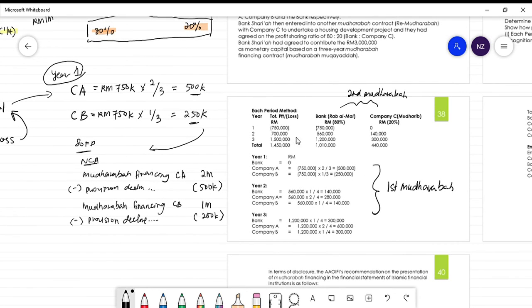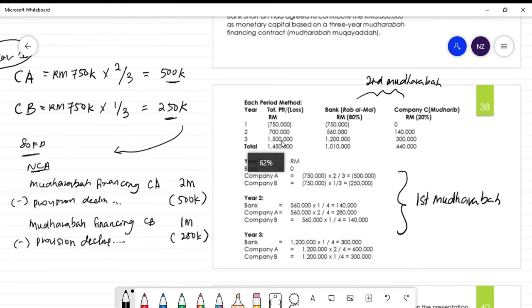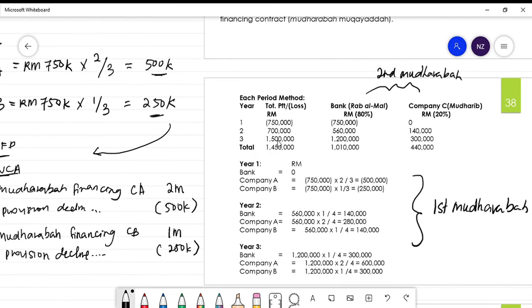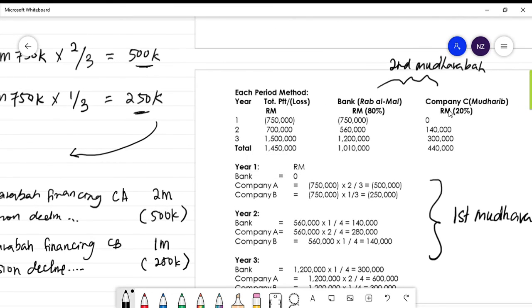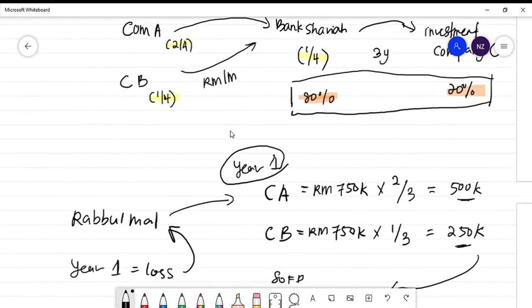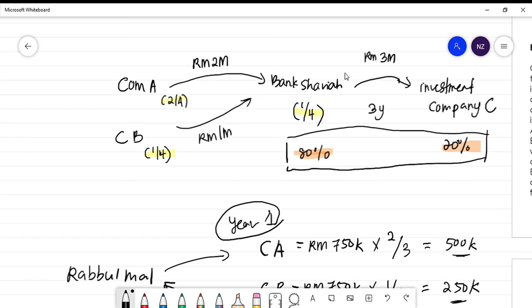1,500,000k, but we cannot take this whole amount of 1,500,000k ni, sebab 1,500,000k is the profit of company C. So which is tak ada related dengan the first mudharabah here lah kan.